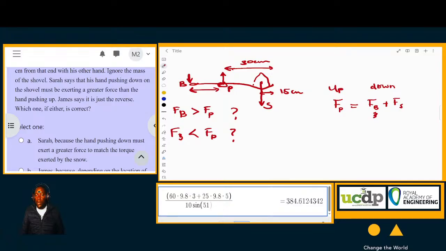Sarah says the hand pushing down on the shovel is exerting a greater force. So for Sarah, the force at the end from B is greater than the force at the pivot. So that's Sarah.